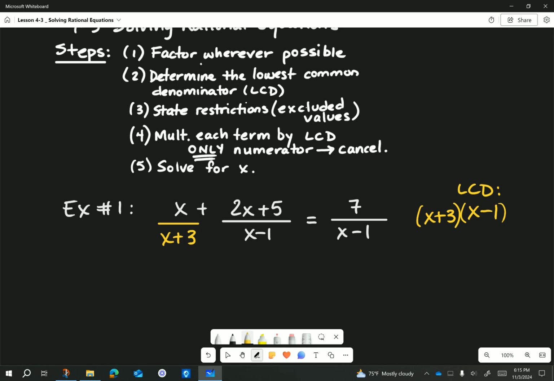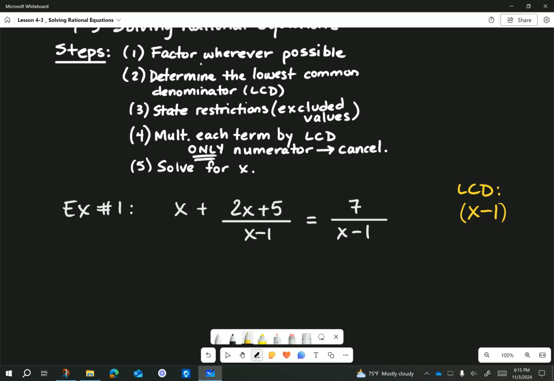So you list the factors, and you don't rewrite the factors more than once. So even though x minus 1 is mentioned twice here, you're just going to write it once when it comes to LCD. So let's return to our actual problem. So the LCD in our actual problem is just x minus 1. So that is step number 2.